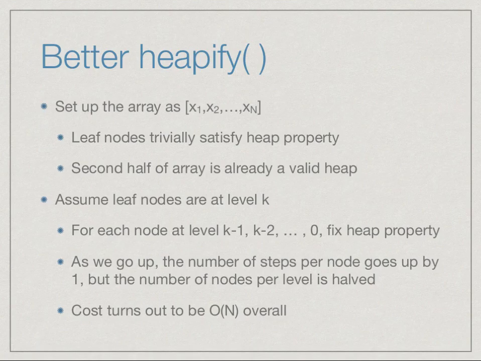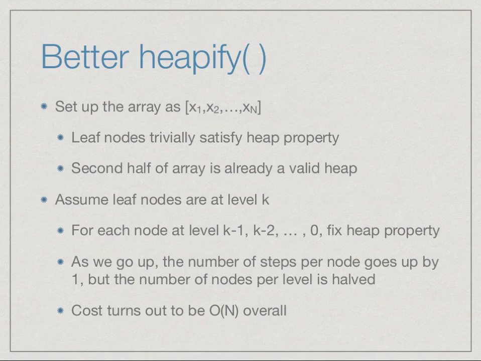So we go one level above, and then we can fix all heap errors at one level above. Right? And then again we move up one level above and so on. So we do the kind of top to bottom heap fixing that we did with the delete max while we are building the heap. So as we are going up, the number of steps that we need to propagate this error goes higher and higher because we need to start at a higher point.